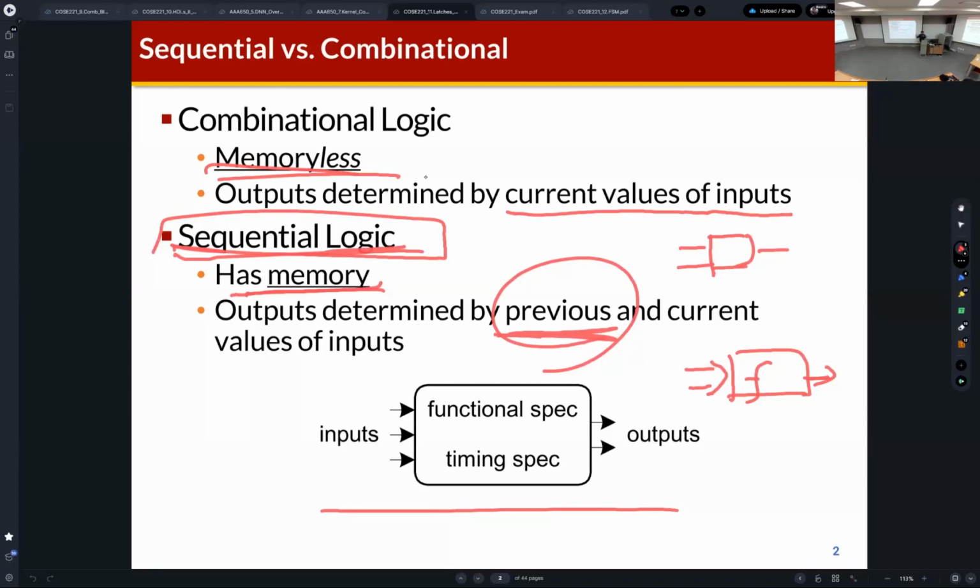The outputs are determined by previous and current values. The previous means the states of the sequential logic. So you need to distinguish between combinational logic and sequential logic.